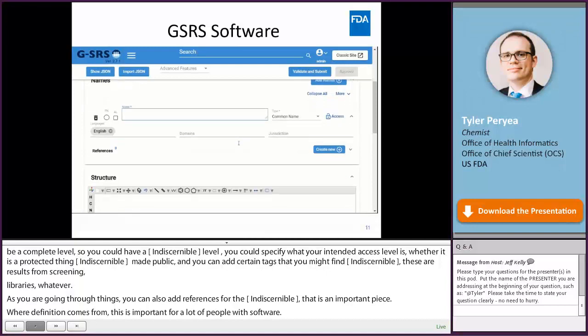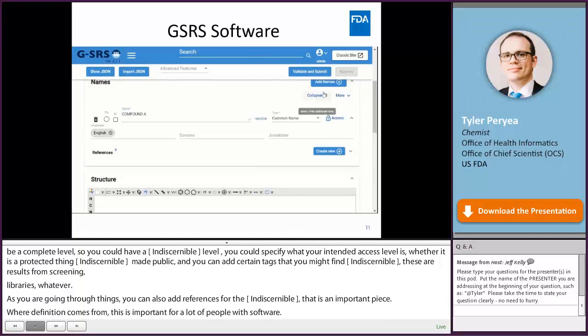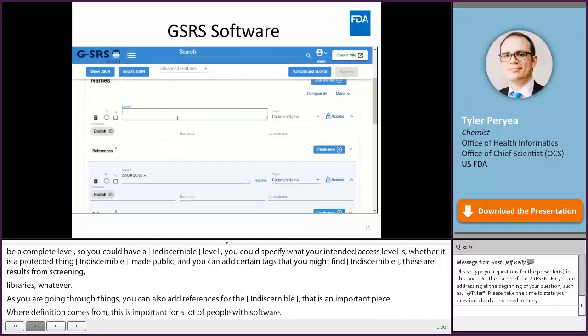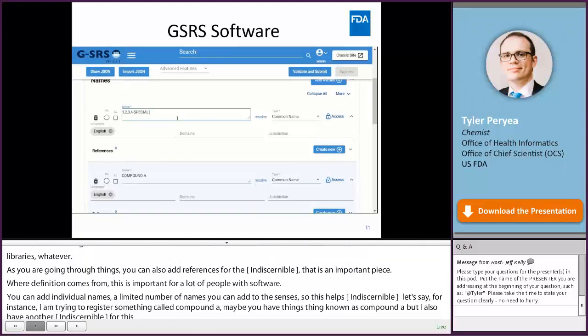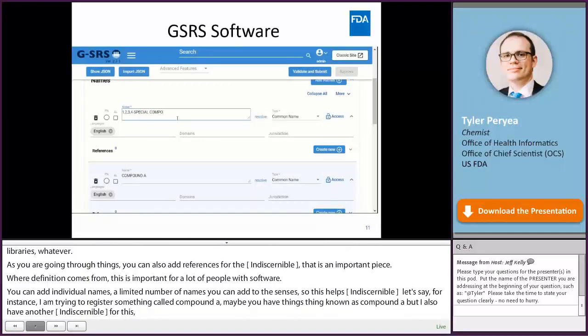So let's say, for instance, that I am trying to register something called compound A. Maybe I have this thing known as compound A, but I also have another synonym for this that's called 1234 special compound.